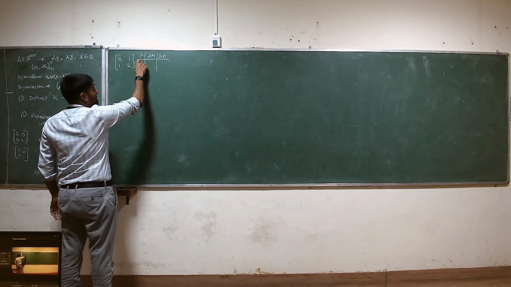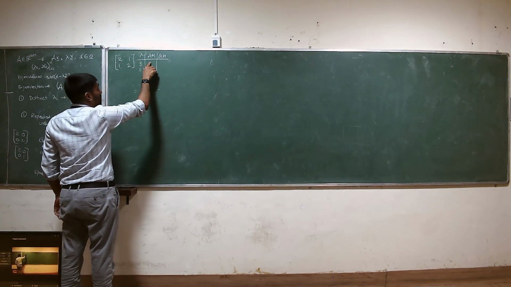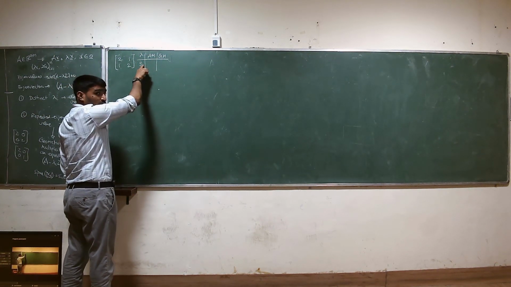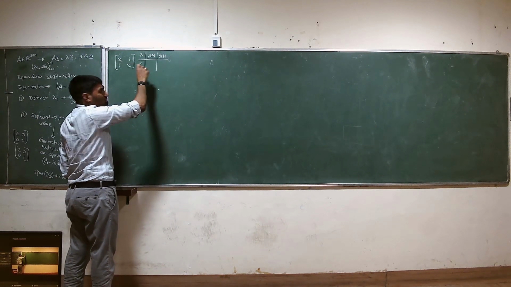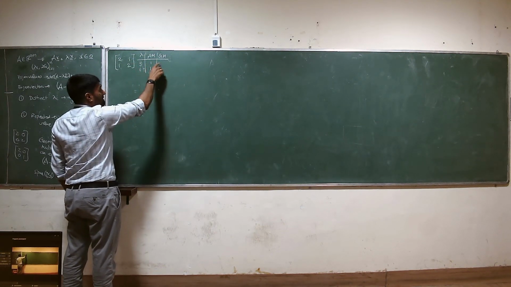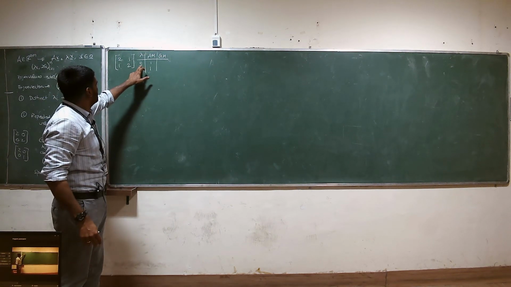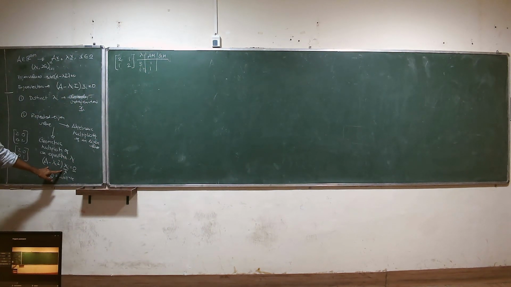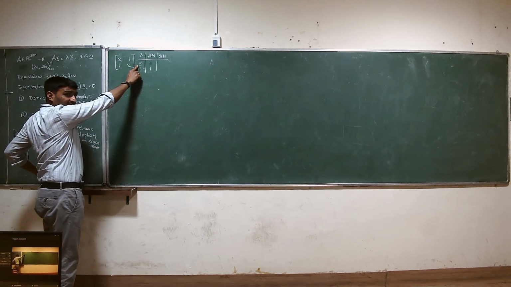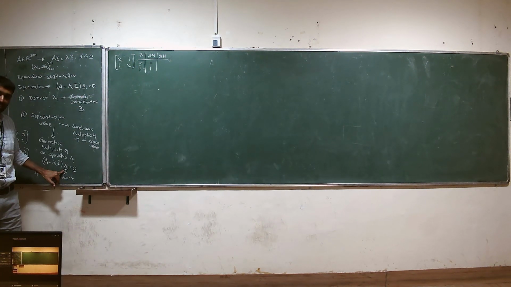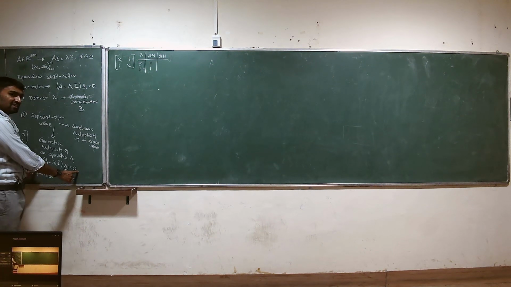What is the algebraic multiplicity of this eigenvalue? 1. It only appears once. What about the geometric multiplicity? Go back to this equation that you solved. For 3, what are all the possible x i's that actually satisfy this?